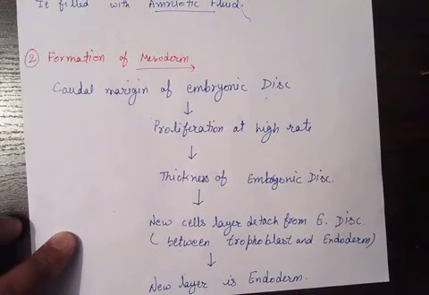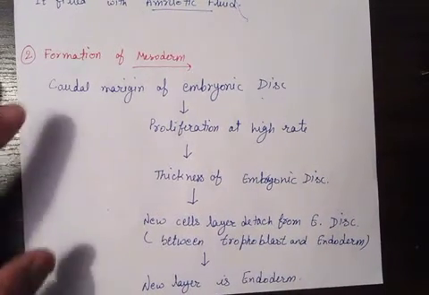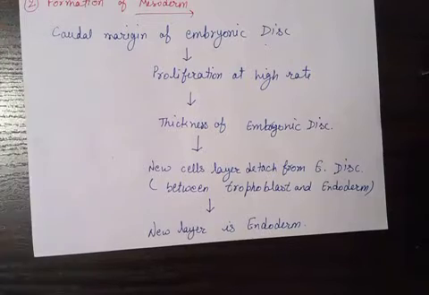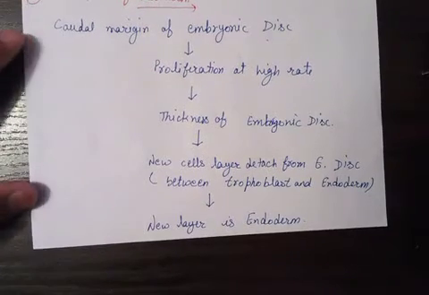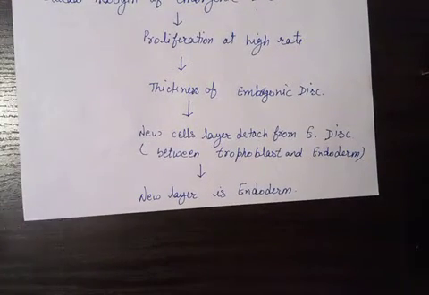From this thickening, a new cell layer detaches from the embryonic disc between the trophoblast and the endoderm.